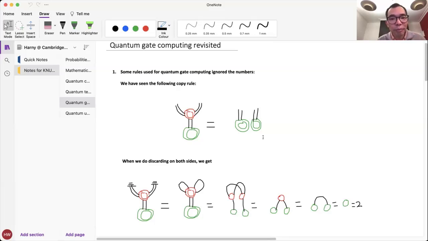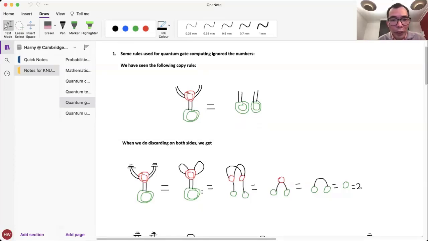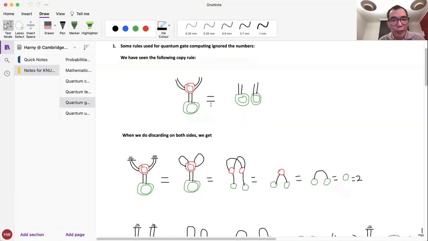strictly equal. For example, a very typical rule is called the copy rule. Like a green quantum state, this quantum state can be copied by a red spider. But we want to check whether this is strictly equal.